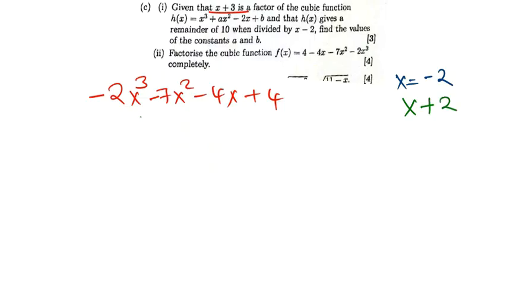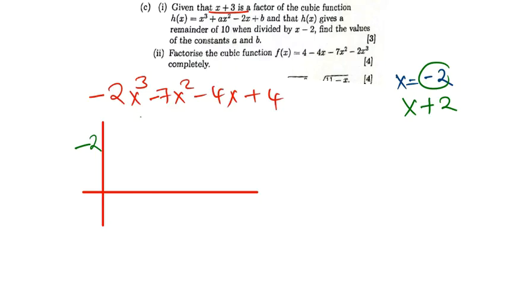So there are two ways. You can use long division, you can use synthetic division, whichever you're comfortable with, to find the other factors. Let me use synthetic division. It's been a while since I used synthetic division. So x is equal to -2, so we'll use -2. And then we'll grab the coefficients.